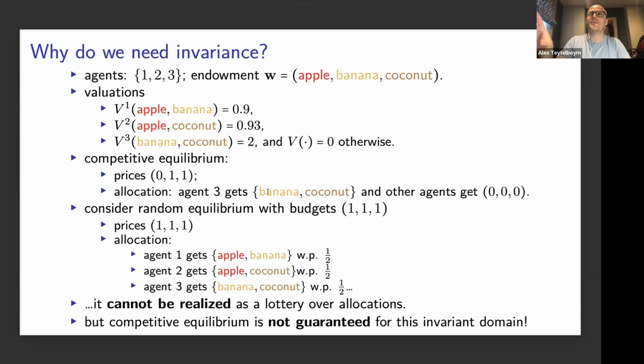The proof of the result I showed you is a fixed point argument. So the answer to whether I learn anything about computation of random equilibria or feasibility is unfortunately no, because you have to pass this argument through a fixed point argument, and you lose computational properties as a result.